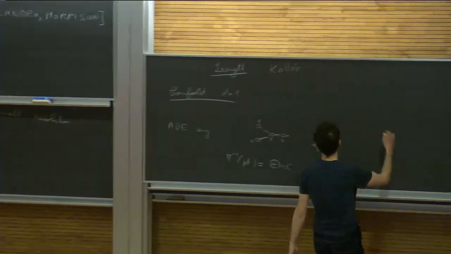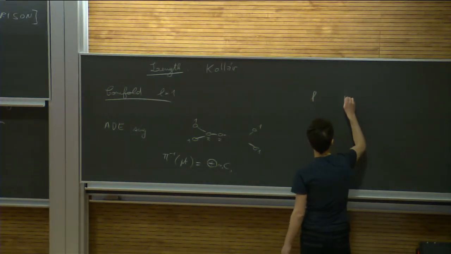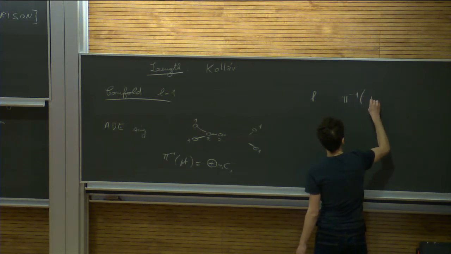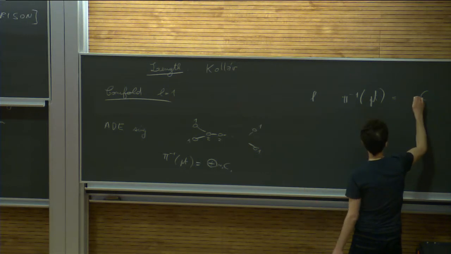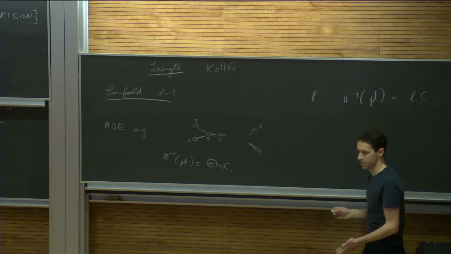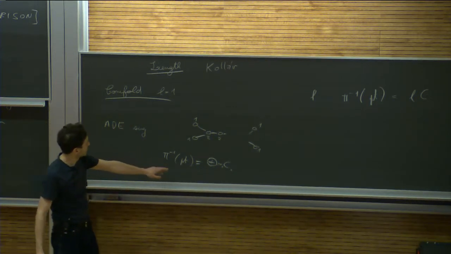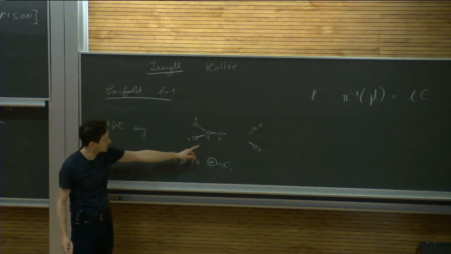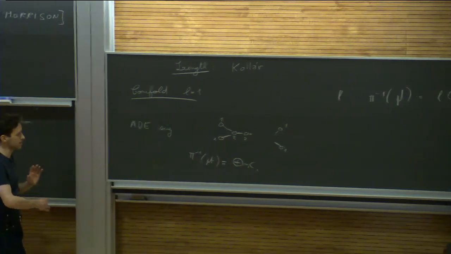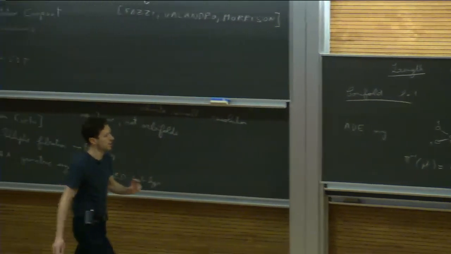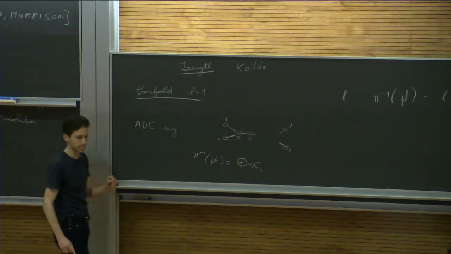So if you have a length L flop, that means that the inverse image of the singular point is going to be one curve, a P1, with a given multiplicity. In fact, the way that the length 2 things are constructed is by looking at the deformation theory of the D4 singularities and taking a family of these in such a way that you only keep this node.